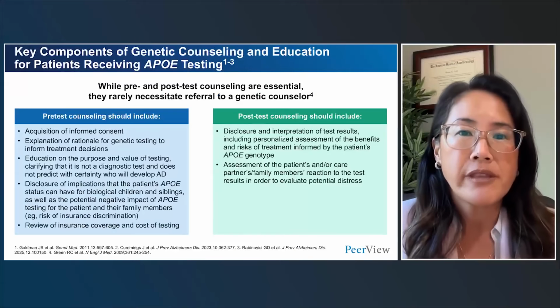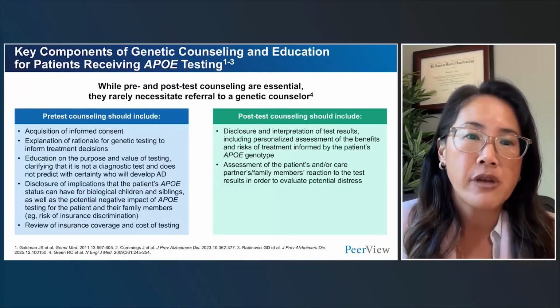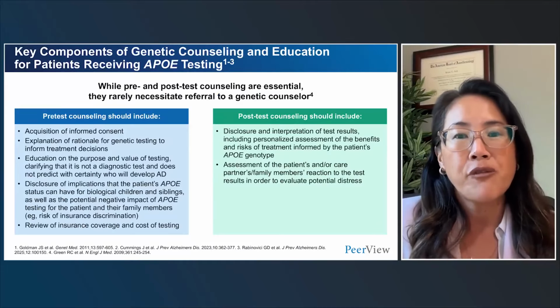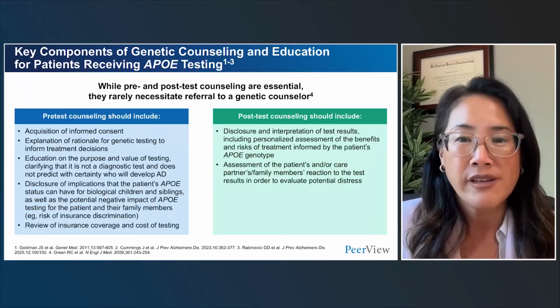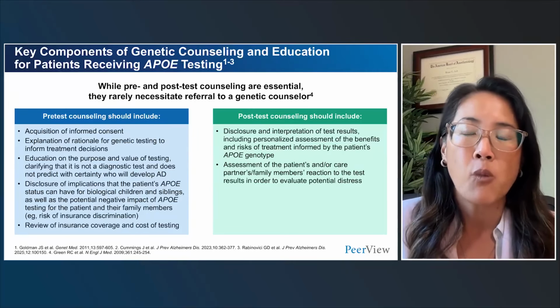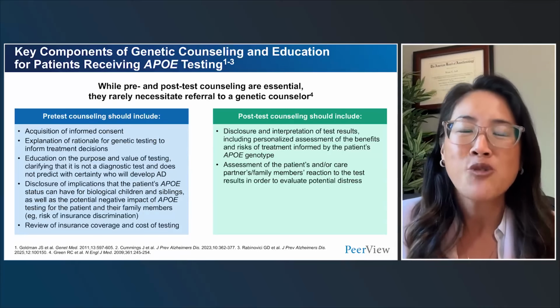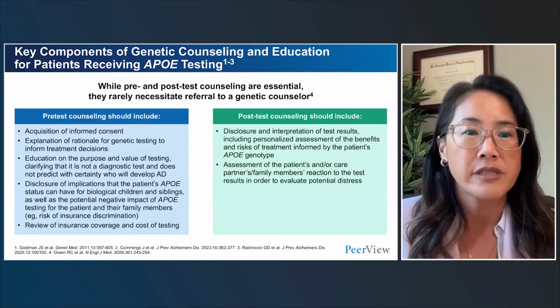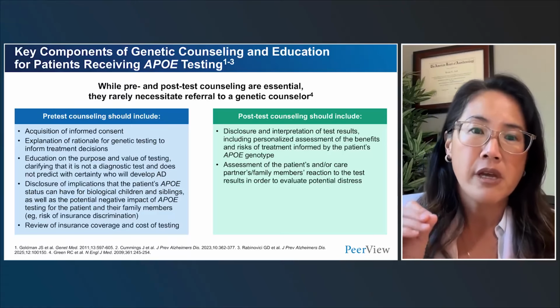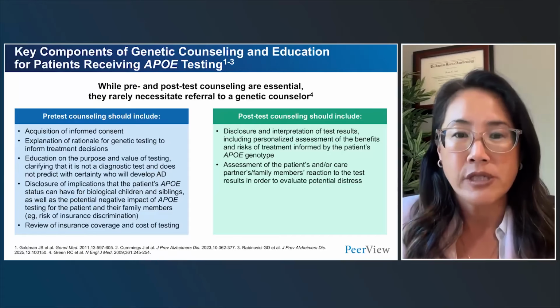As we think about the genetic counseling and education, there are some key components. Really, before we do any test, including genetic testing, it's important to counsel the patients and families about what we're doing. First, what are we trying to determine from this? A lot of patients and families think that APOE genotyping has something to do with the diagnosis of Alzheimer's disease.